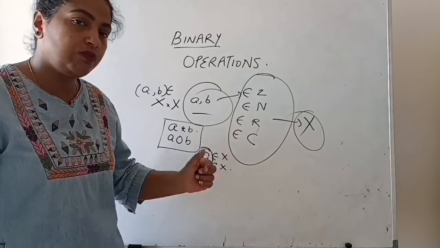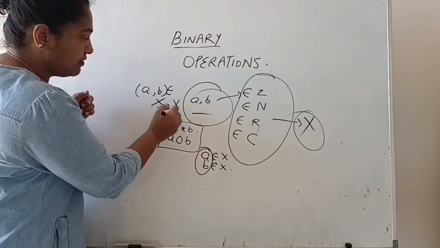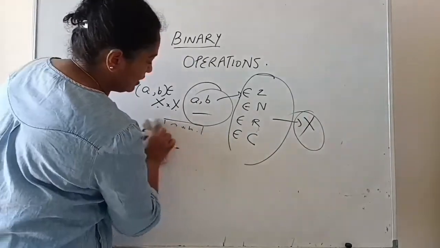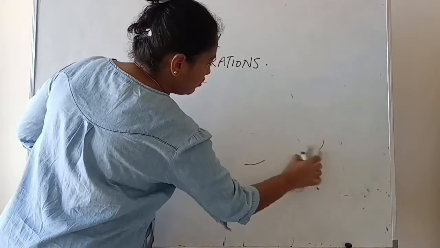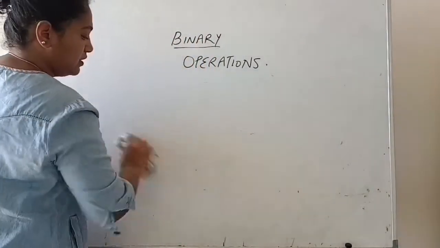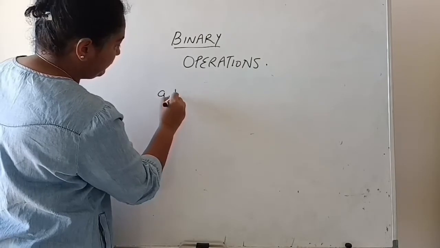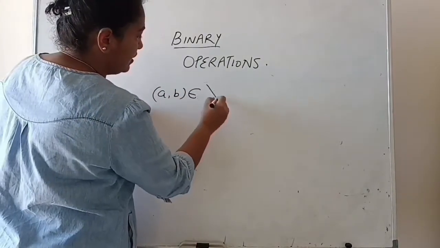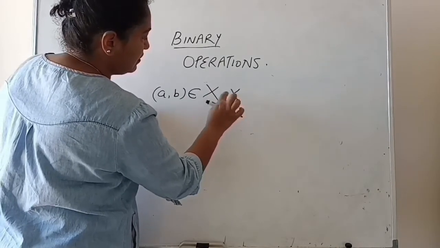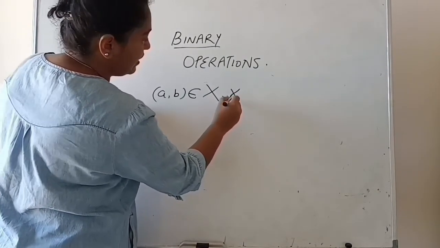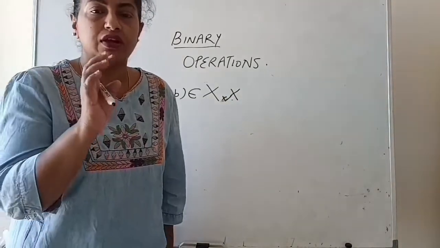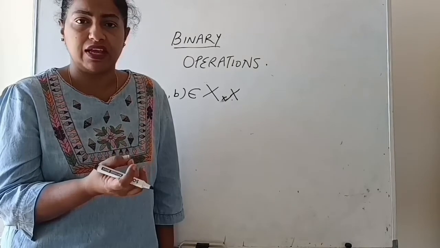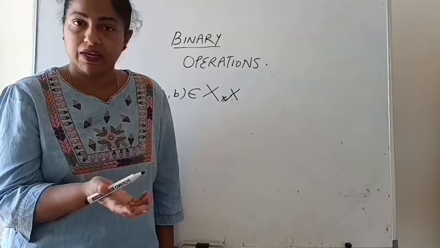So that has to belong to the Cartesian product of X with X. The start of our definition says that a binary operation is applied on two elements a and b. When I represent it as a set, (a, b) should belong to X cross X, the Cartesian product of X and X. X is a general set that can represent any of the sets: integers, real numbers, natural numbers, positive integers, anything.